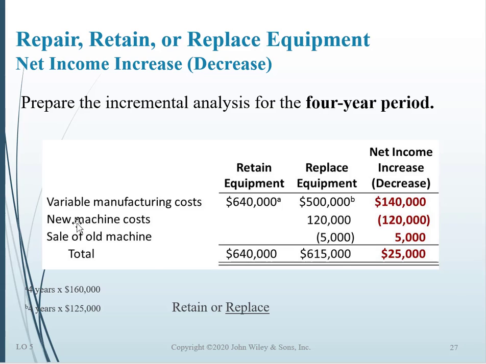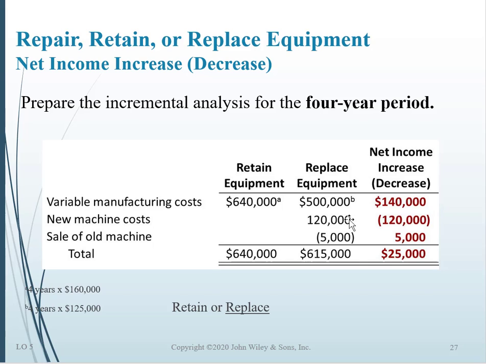What are the variable manufacturing costs for retaining the equipment? They told us $160,000 times 4. If we replace the equipment, that's 4 times $125,000. So the difference between retaining and replacing is a $140,000 increase in income.